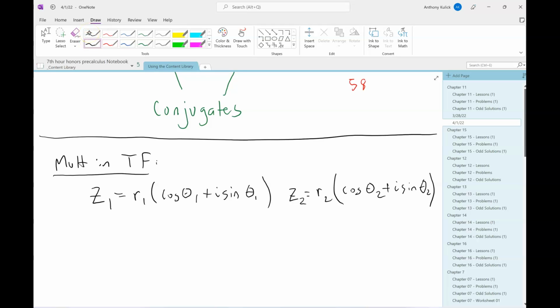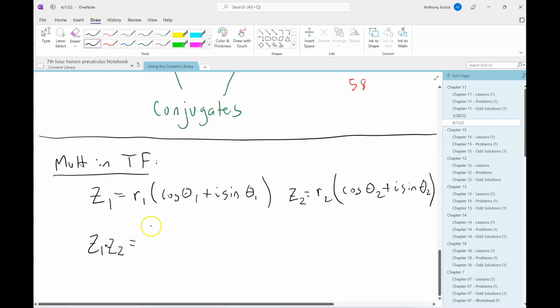So let's just take two complex numbers, z1 and z2, that are defined generally. So I have r1 times cosine theta 1 plus i sine theta 1, and r2 times cosine theta 2 plus i sine theta 2. Everybody's okay with that? So we'll just go about doing this generally. If I multiply the two together, I'd have the first thing times the second thing.